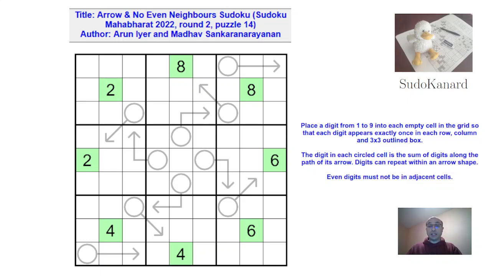And the first thing we can notice is that next to an even digit, we can only have odd digits. So there's a lot of coloring going on. It's much less efficient to do on paper. And then you can see that this column already has 5 odd digits, so those must be even.